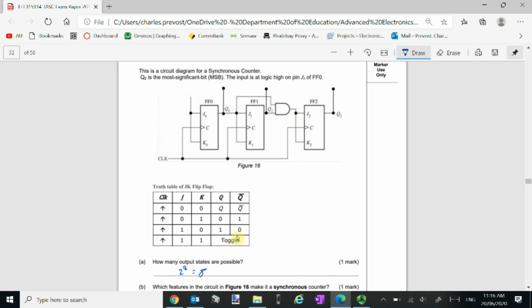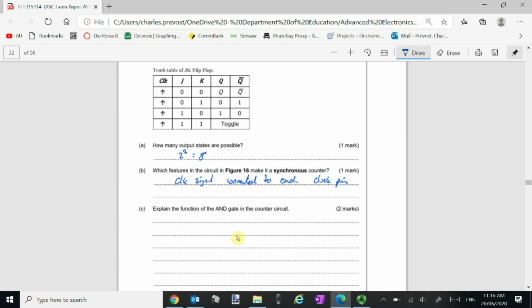That switches flip-flop 2, so it puts flip-flop 2 into toggle mode when its output is 1.